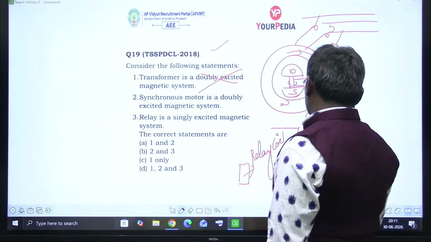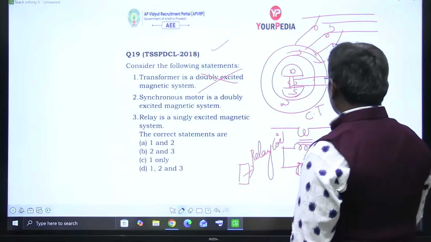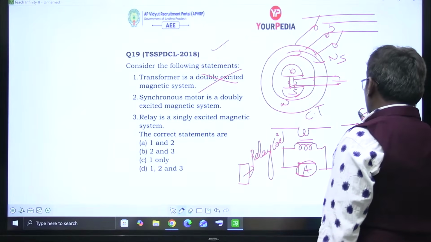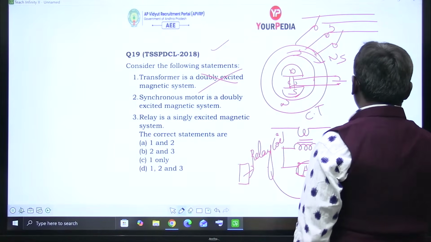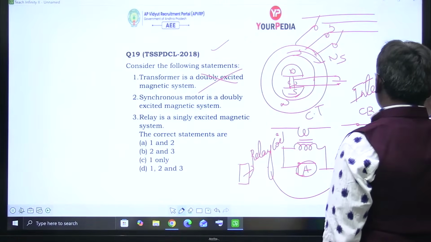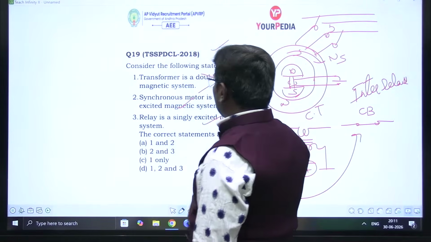Here definitely an ammeter is there, and the CT goes to the circuit breaker. Circuit breaker and relay both are interrelated. But it is a singly excited machine, and this is a doubly excited machine.